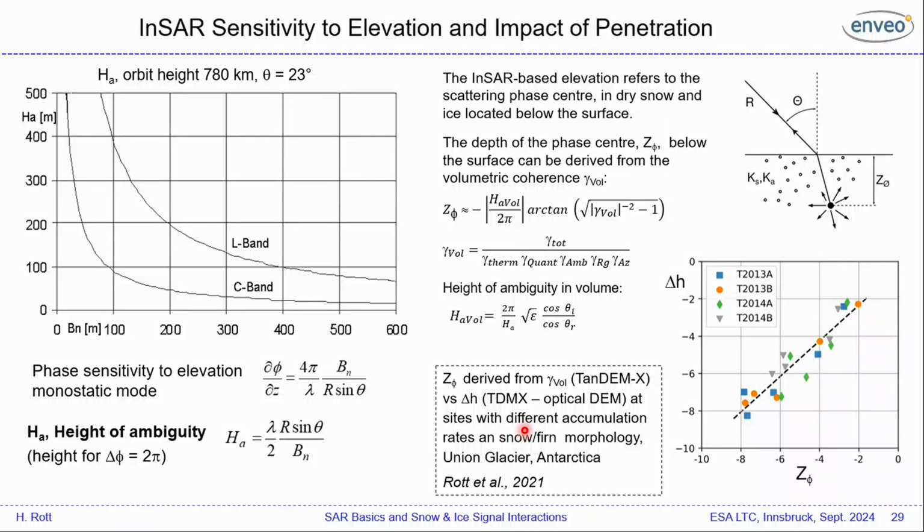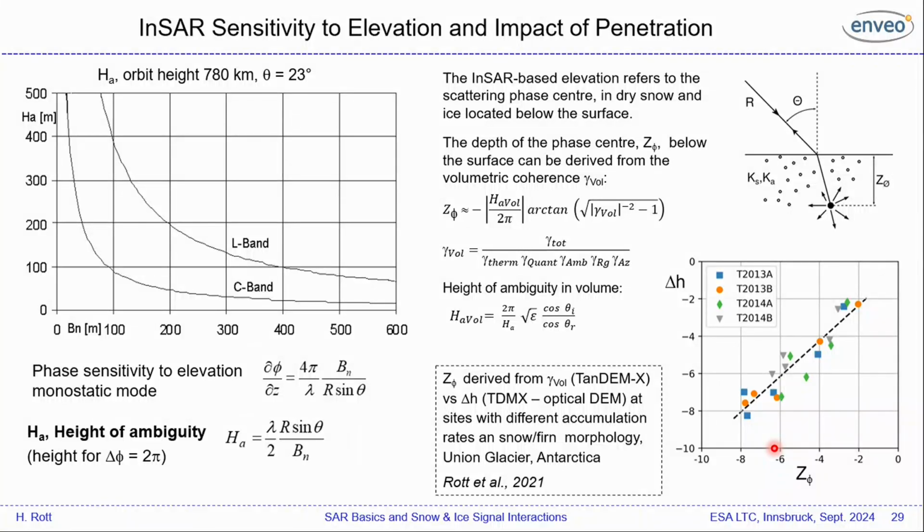with different accumulation rates. There are blue ice fields and accumulation rates up to 400 millimeters, and different points of this region and very different snow morphology. And I came up with this inversion of volumetric coherence for this Z0, these steps of the phase center between 8 meters and 2 meters within a comparatively small area.